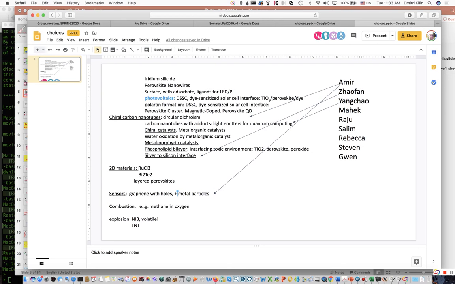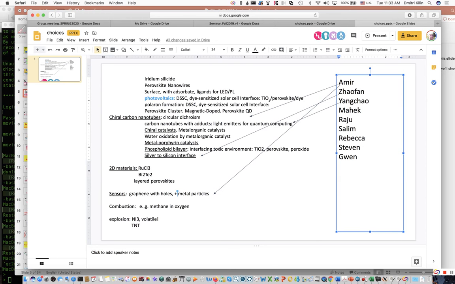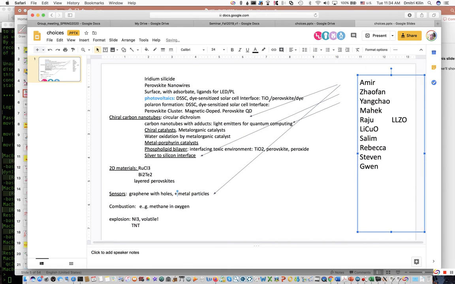Raju. Dr. Dimitri, thank you. Actually, I am interested in metal semiconductor interface, but not from here. I'd like to choose from my own research topic. So I want to do something with LLZO and lithium carbonate, lithium cobalt oxide, LCO.